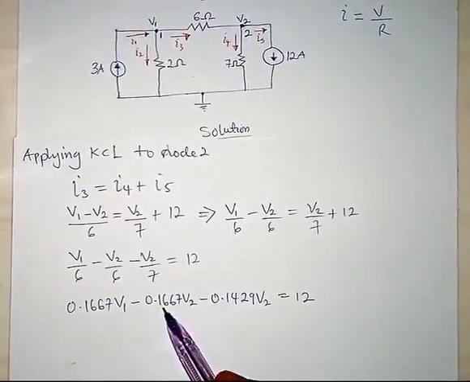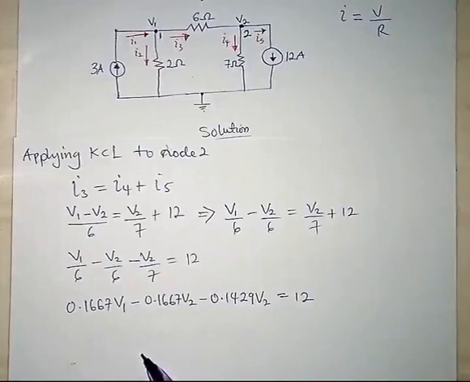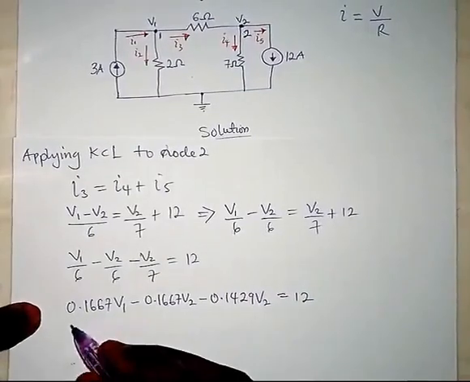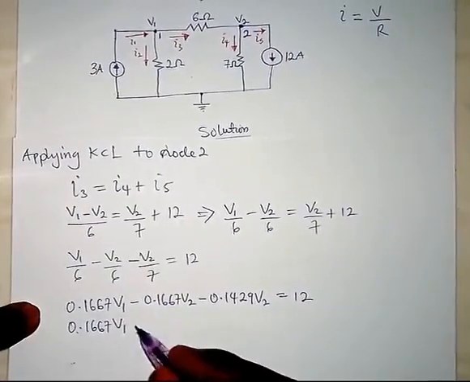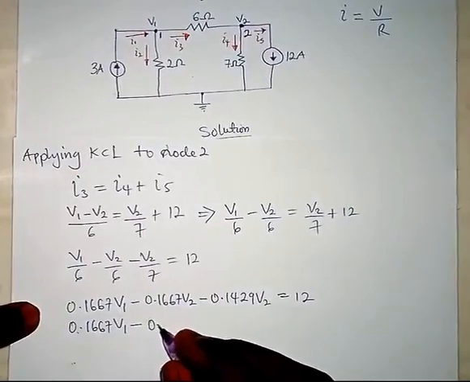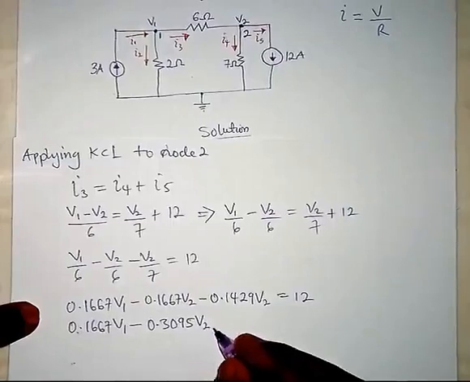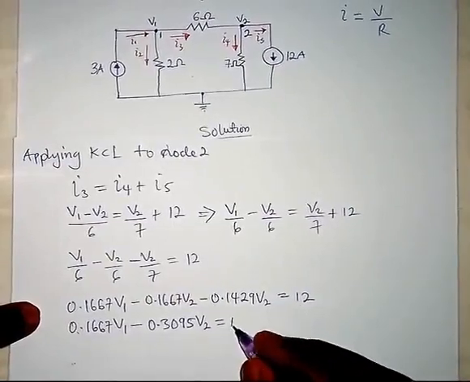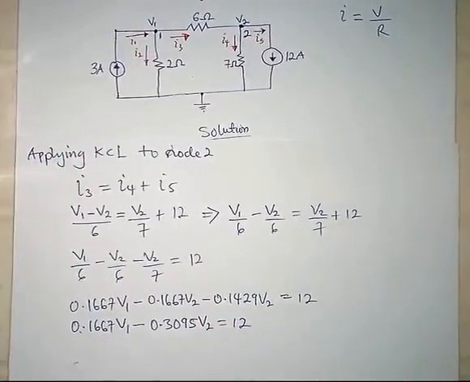You can see here we have V2 here, we have V2 here. Summing them together, you are going to have 0.1667 V1 minus this plus this will give us minus 0.3095 V2 equals 12. This is the KCL equation for node 2.